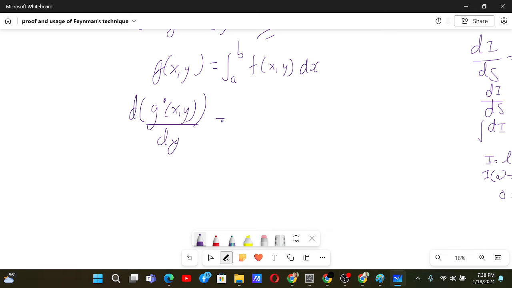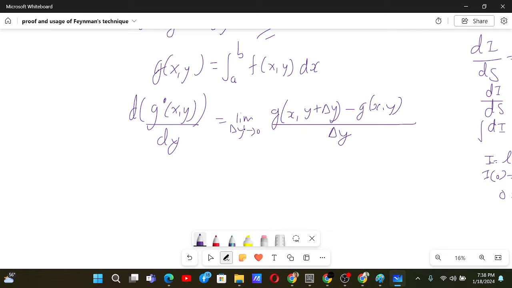By first principle, that is just the limit as del y tends to 0 of g of x comma y plus del y minus g of x comma y, divided by del y.